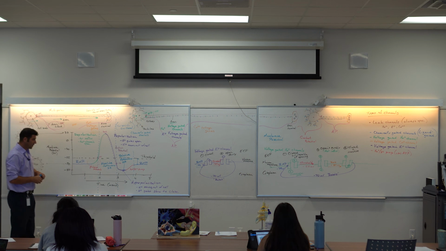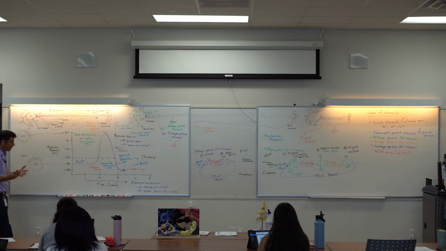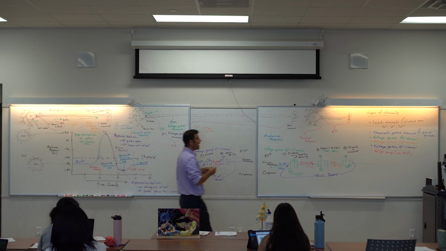Here's another thing that I don't know, maybe it might help with the understanding. Has anybody ever experienced hyperkalemia, or been hyperkalemic? Hyperkalemia is a situation where you have too many potassium ions outside of the cell.